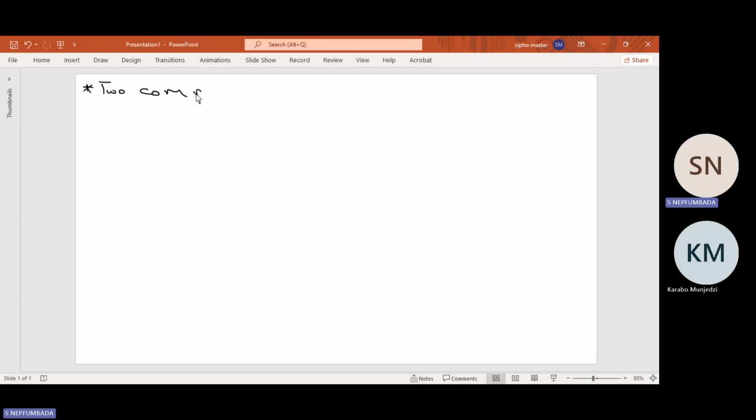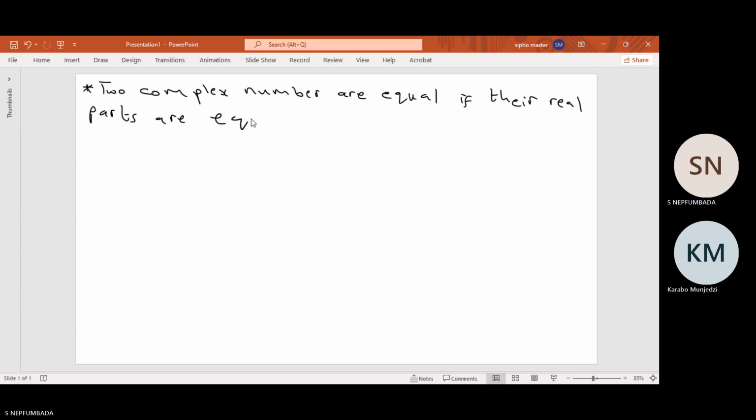Two complex numbers are equal if their real parts are equal, and their imaginary parts are equal.